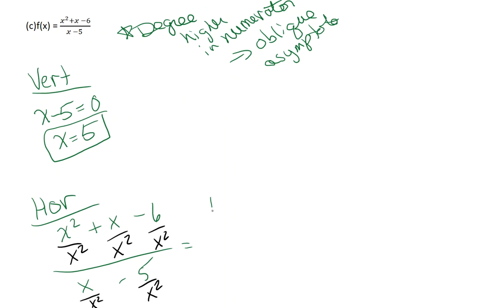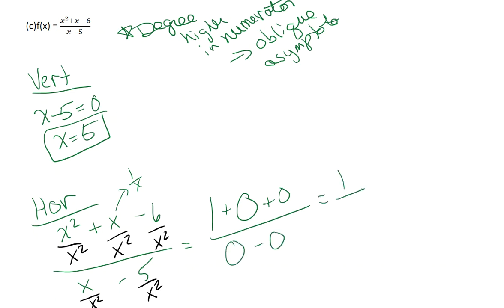That's going to give you 1 plus 1 over x, which approaches 0, and then this approaches 0. And then the denominator is 1 over x, which approaches 0, minus 0. Now, if you notice, this is 1 over 0. That is undefined, so therefore there is no horizontal asymptote.